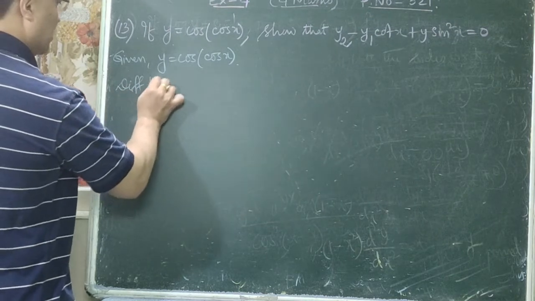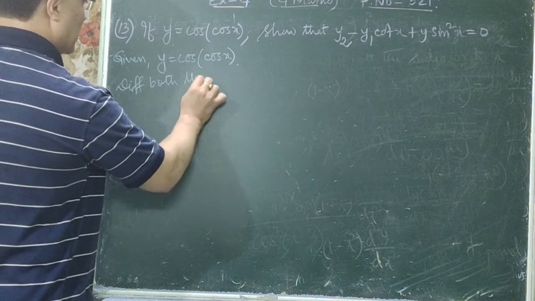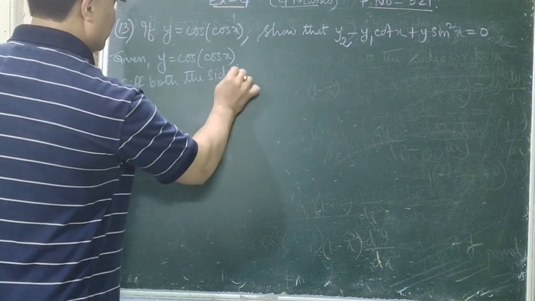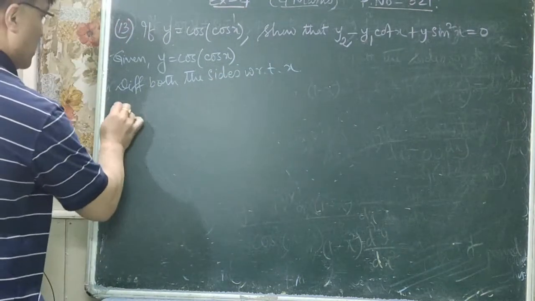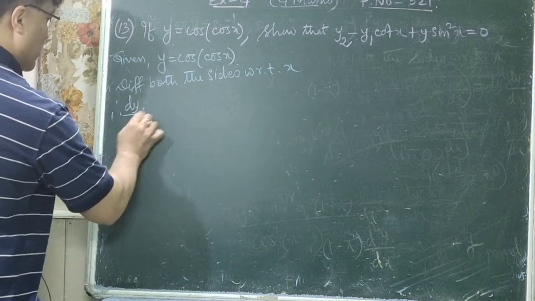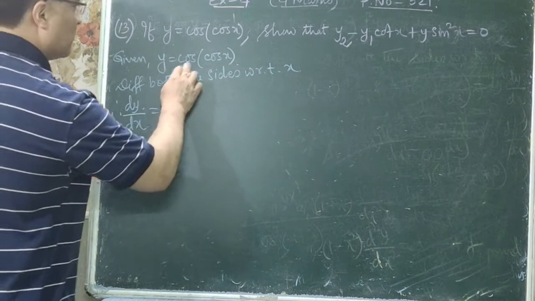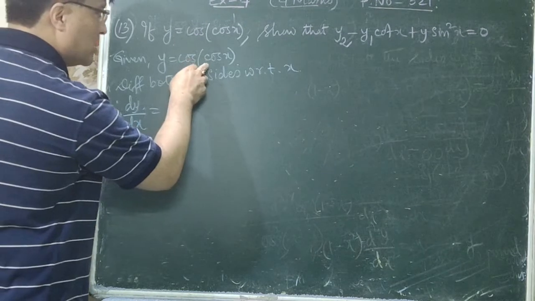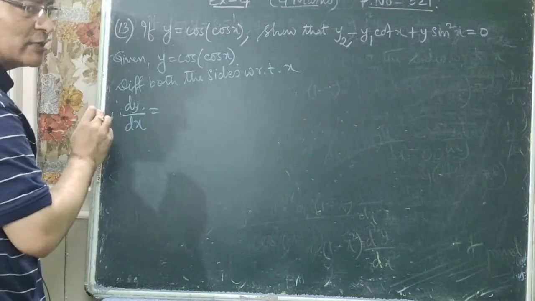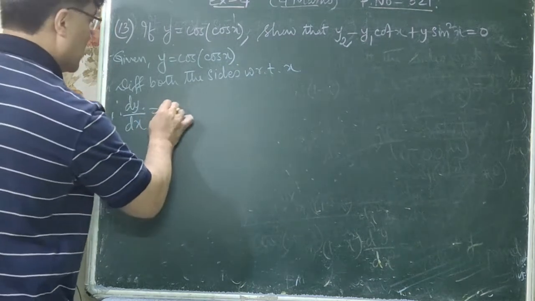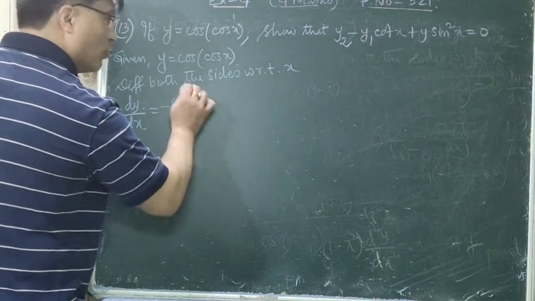So let us take its differentiation. Differentiating both the sides with respect to x, therefore dy/dx is equal to, this is in the form cos of something. Which function is taken as that something? Cos x. What is the differentiation of cos? It is minus sin, minus sine of, what is it here?